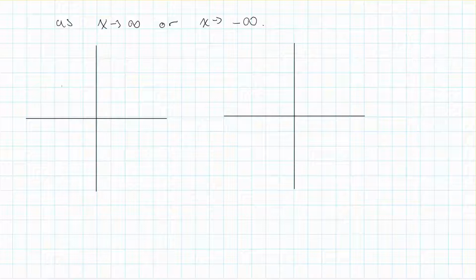So I want to just draw a couple sketches here to illustrate both horizontal and vertical asymptotes. Typically when we're sketching some of these, we'll often have a dotted line drawn in here. And when you see a dotted line, that's not part of the graph. In this case, with the graphs that I'm drawing, these are going to be vertical asymptotes. And then I'll go ahead and draw a horizontal line as well.